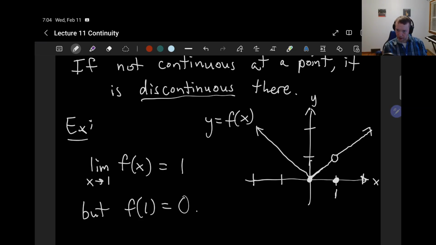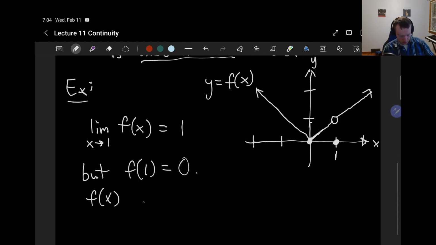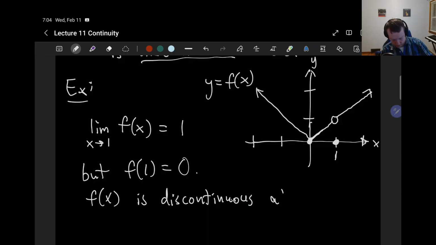So because you have this disconnect, this is discontinuous at this point. So we say f of x is discontinuous at x equals 1.